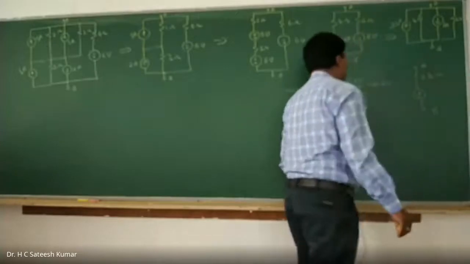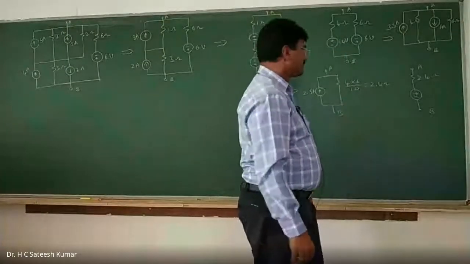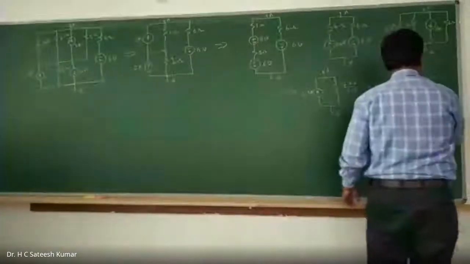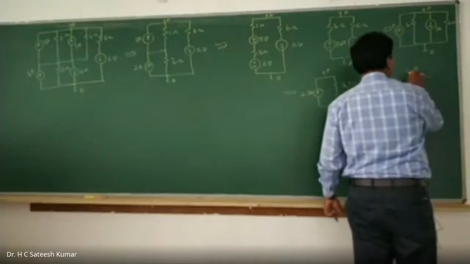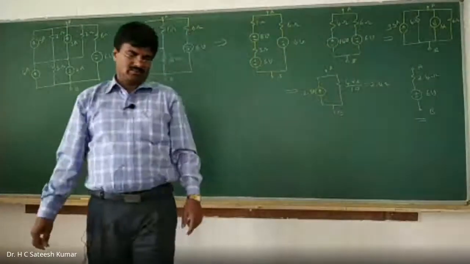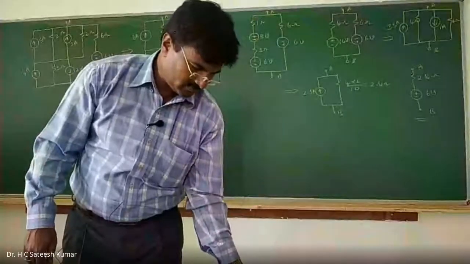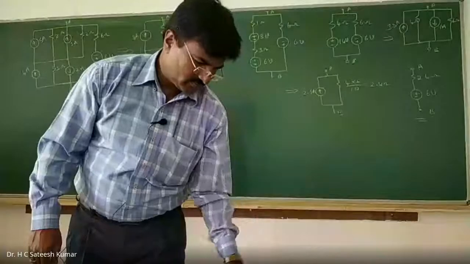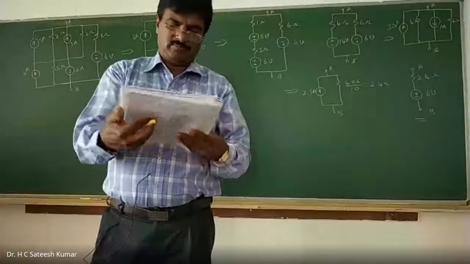V is equal to I into R. So 2.5 into 2.4, 6 volts. So this is the answer, a voltage source in series with a resistor. That's how we should do it, right? So one of the easiest questions that we have seen. Okay, right. Let us go for one more problem.